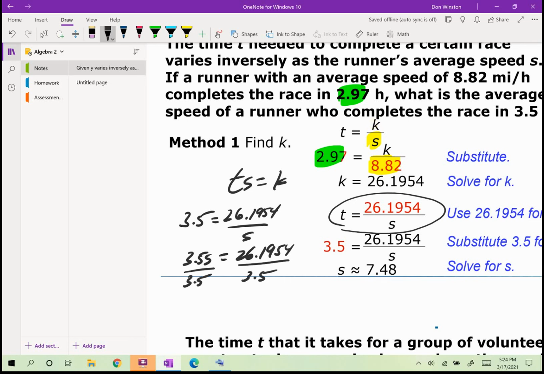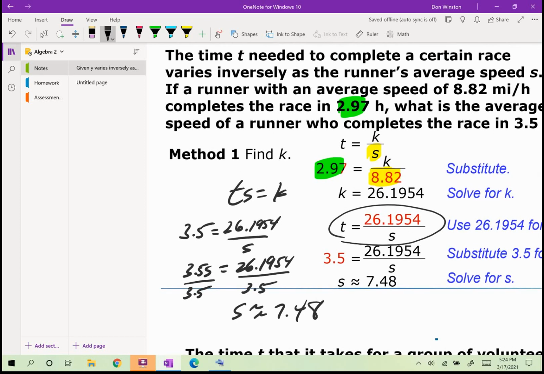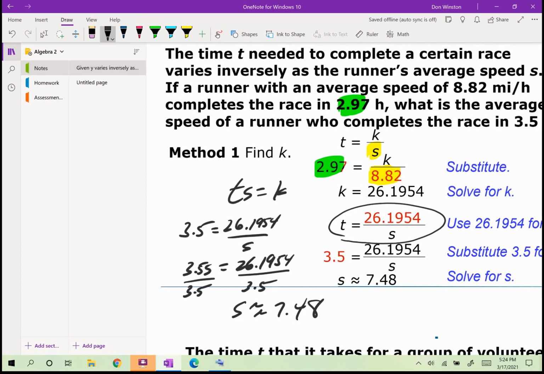And I'll get S is approximately equal to 7.48. Okay, so the speed would have been about 7.48 miles per hour.